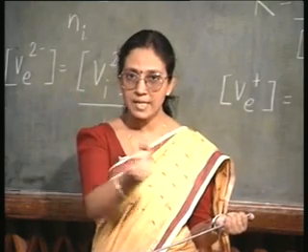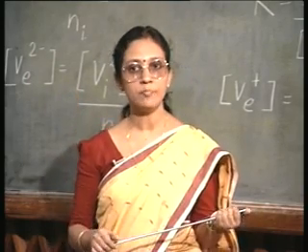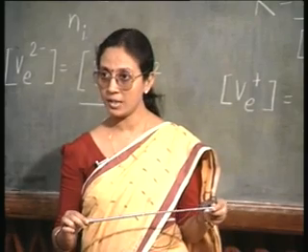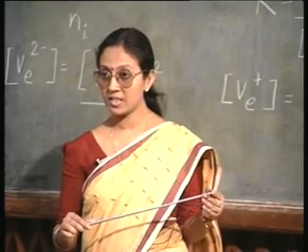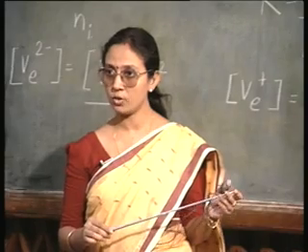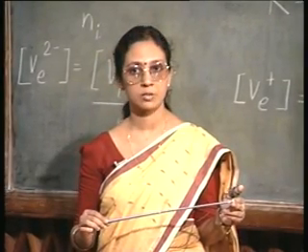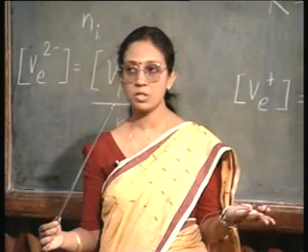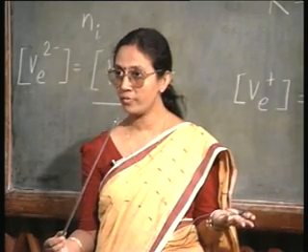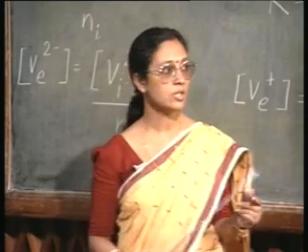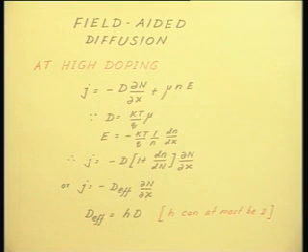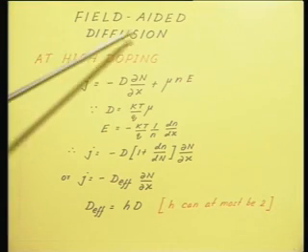So, it is actually aiding the movement of the dopant ions. This is an extra factor coming into picture because of the ionization of the impurity atoms. If there is no ionization, this beneficial effect of field will not be there. So, this is called field aided diffusion. Field aided diffusion.